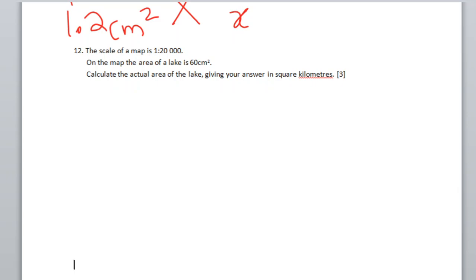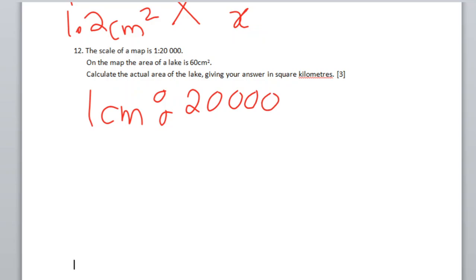Question number 12. The scale of a map is 1:20,000. So 1 centimeter ratio 20,000, which means 1 centimeter on the map is actually 20,000 centimeters. Change this into centimeters and kilometers scale.